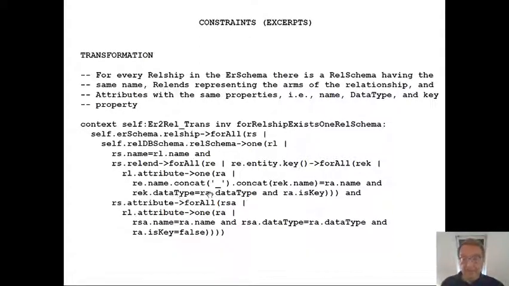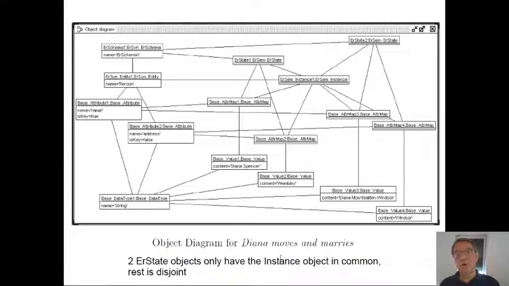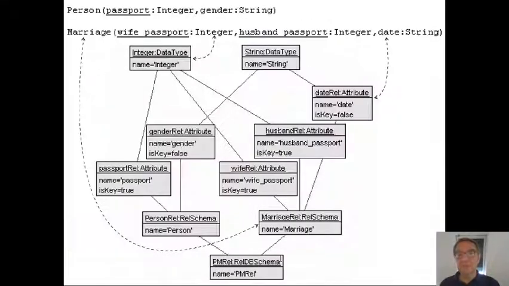And the data types, so we have here an RA and we have here an RE, and the data types and the key property must also have particular connections there. So the concrete case over here, I will point to you what this constraint is about.